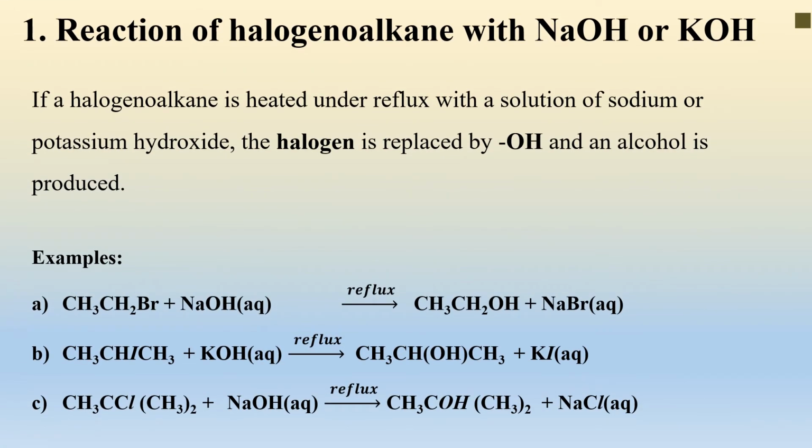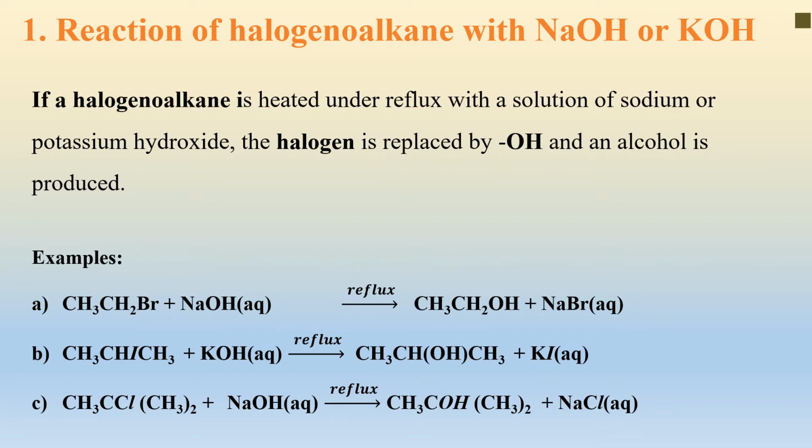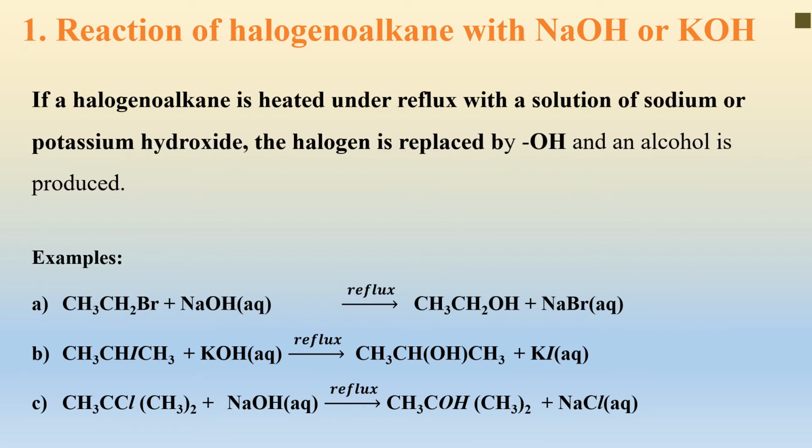We have our first reaction of halogenoalkane with sodium hydroxide or potassium hydroxide. If halogenoalkane is heated under reflux with a solution of sodium or potassium hydroxide, the halogen is replaced by hydroxide ion and an alcohol is produced. You can ask yourself, what is heating under reflux?